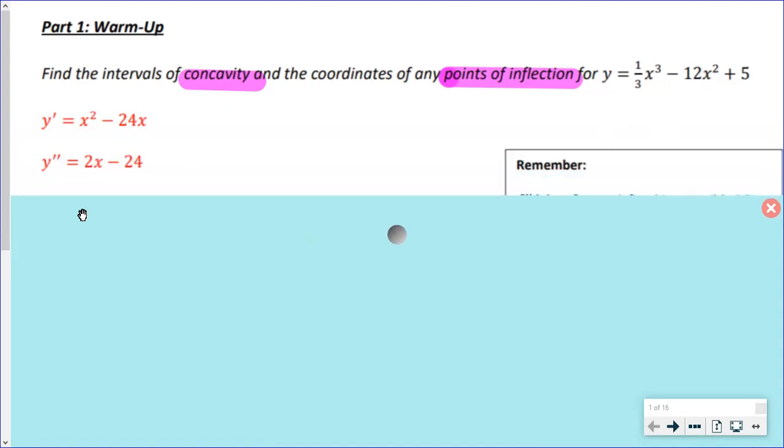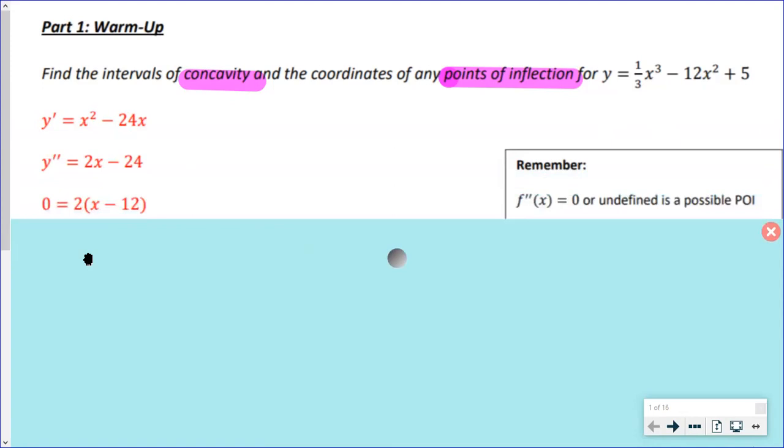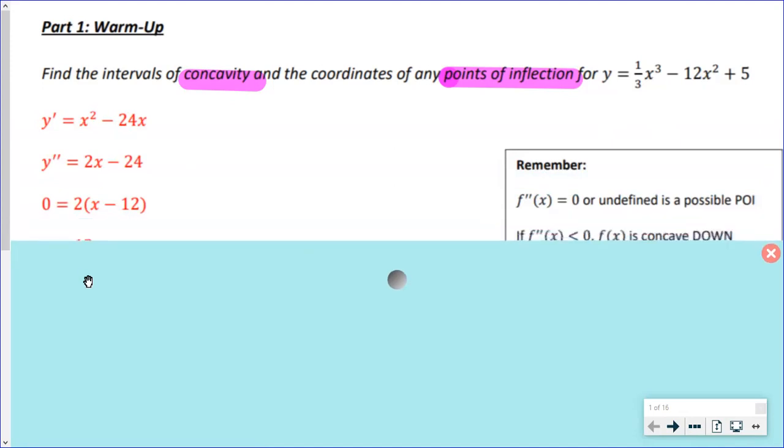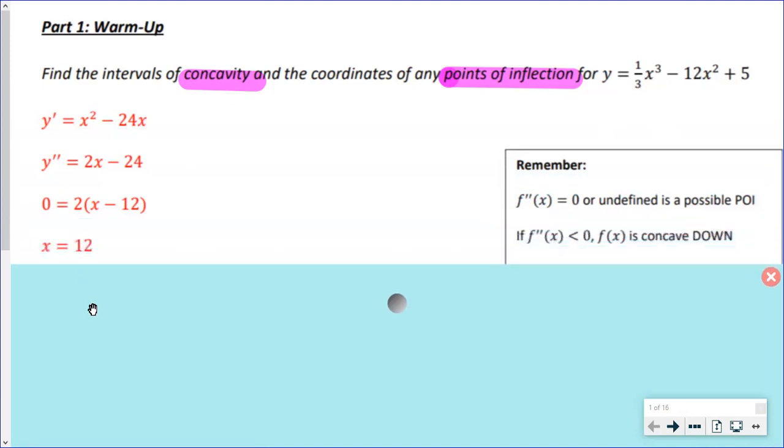And from the quadratic function, I know I'm going to get a simple linear function for the second derivative. So just like I showed you in our last class, we take this function and set it equal to 0. And once we have the function equal to 0, I can solve for x, taking x minus 12 and setting that equal to 0.